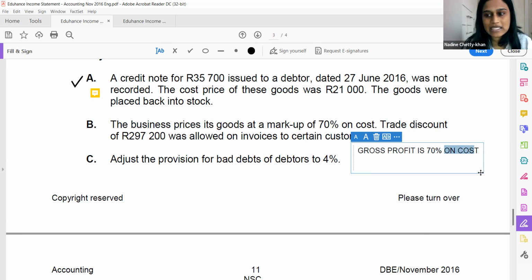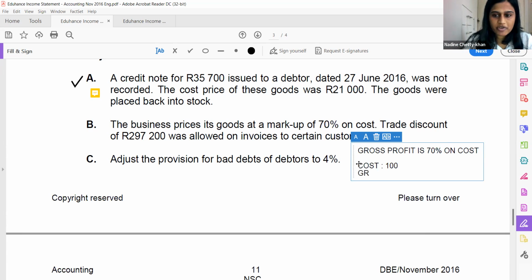So let's take a simple example, and I'm just trying to drive the point home. If you have a cost of 100 Rand, gross profit will be what of that? It'll be 70% of 100, and that will give you 70. And what is selling price going to be?